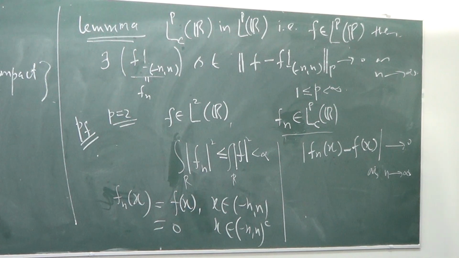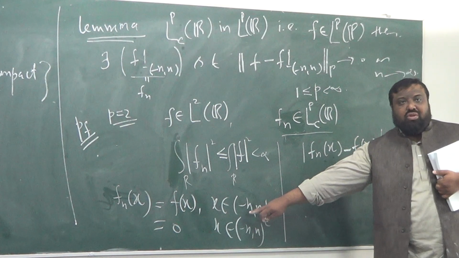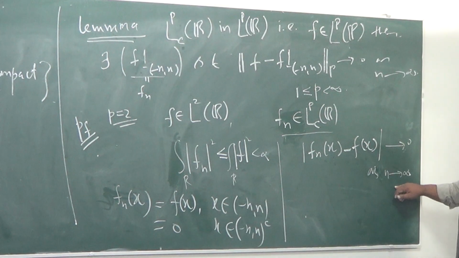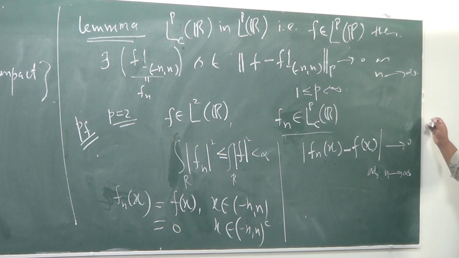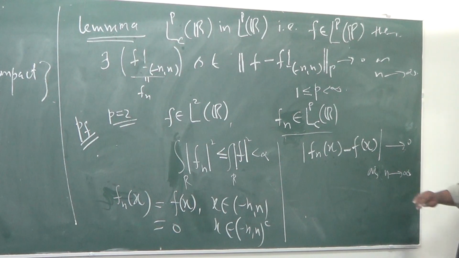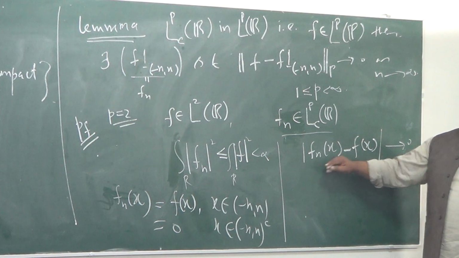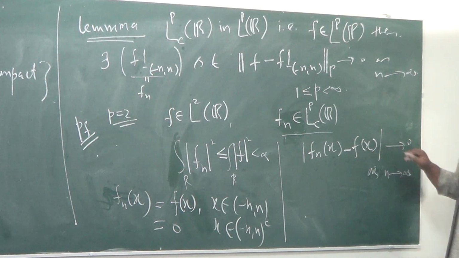Agree? Yes, this should be the case. As n goes to infinity, the interval gets bigger and bigger, so there will be no difference between Fn of x and f of x essentially.